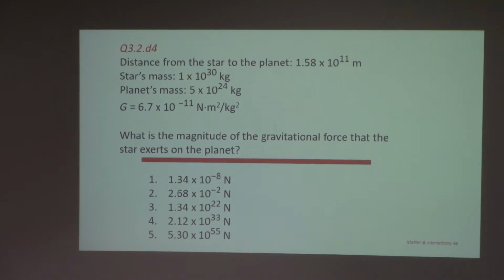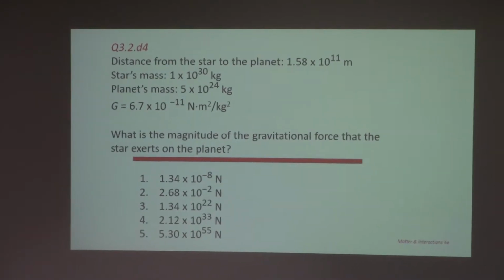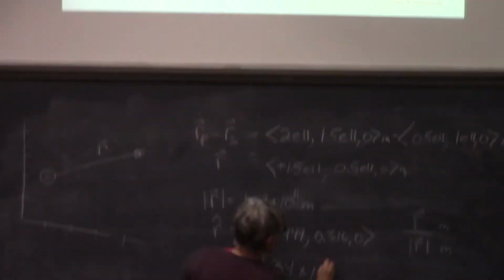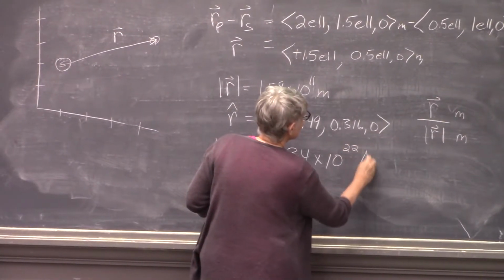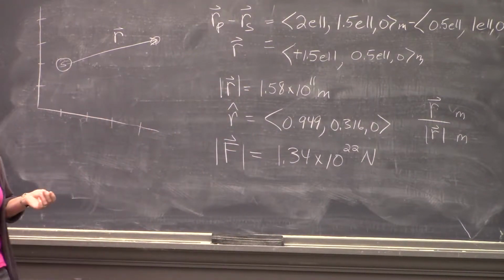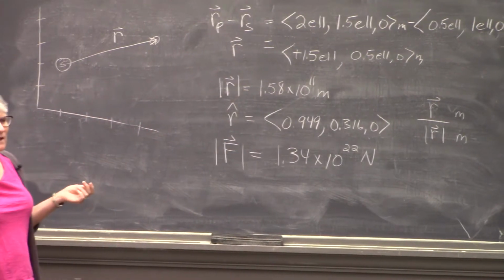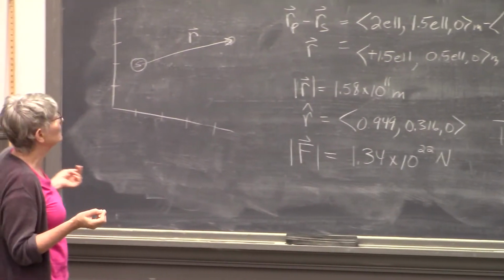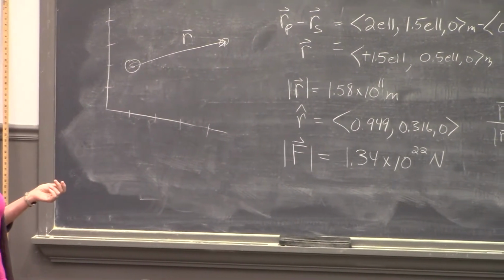Okay, who's got a number? Okay, so people are saying it's answer 3, which is 1.34 times 10 to the 22 newtons. Now actually just by estimating we could have eliminated several alternatives, right?